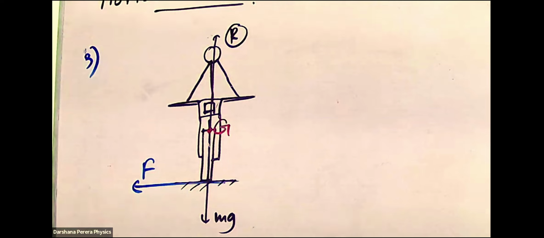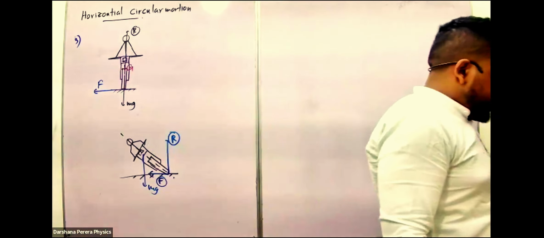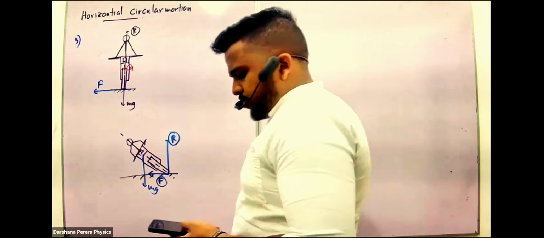Right? Write down. Since capital R and Mg are linear, there is no movement around capital G, the center of gravity.